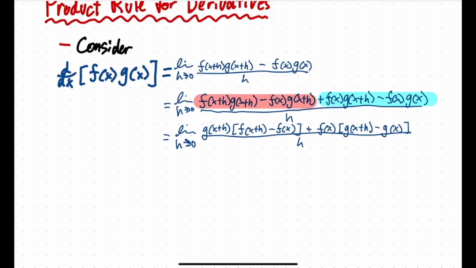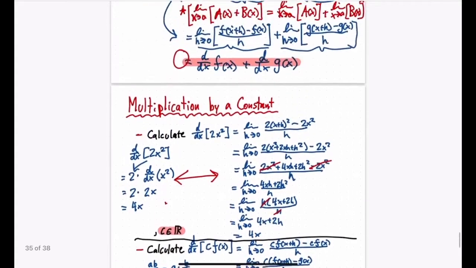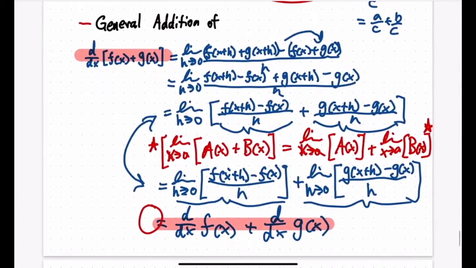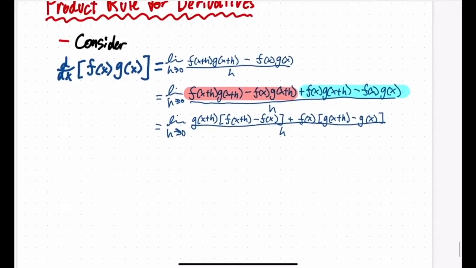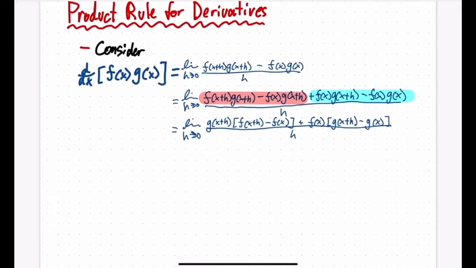Now we're going to apply that idea that we did in the first video, where if you have a plus b over c, then this just equals a over c plus b over c. We're going to split this fraction.